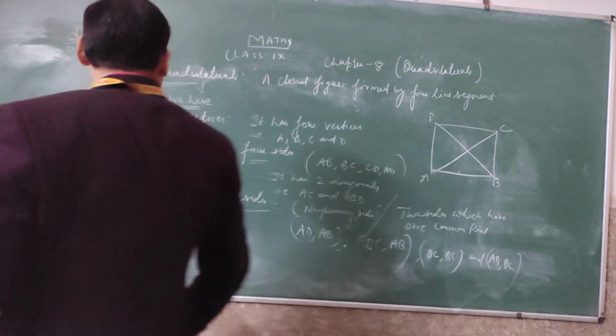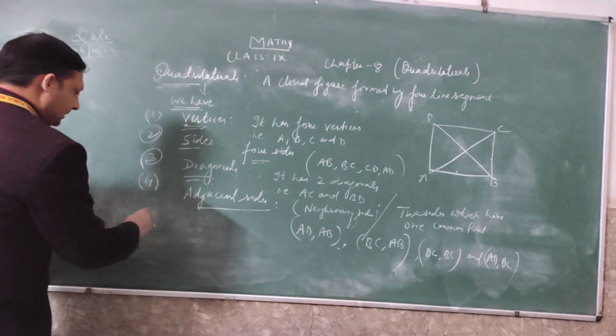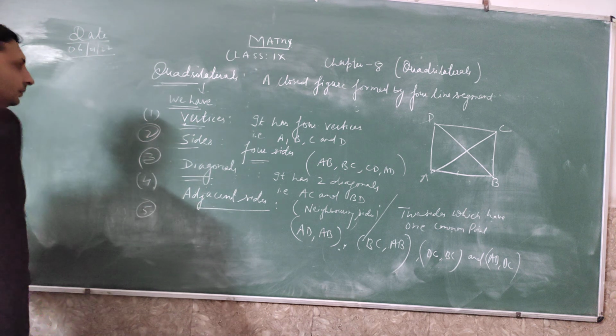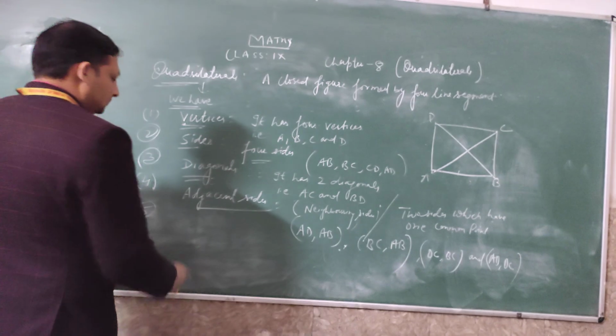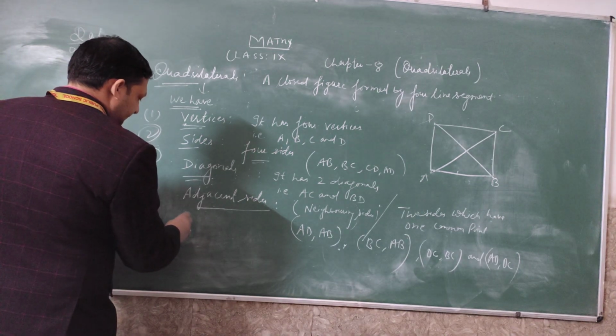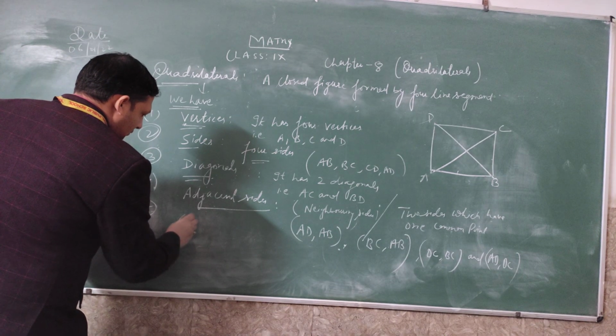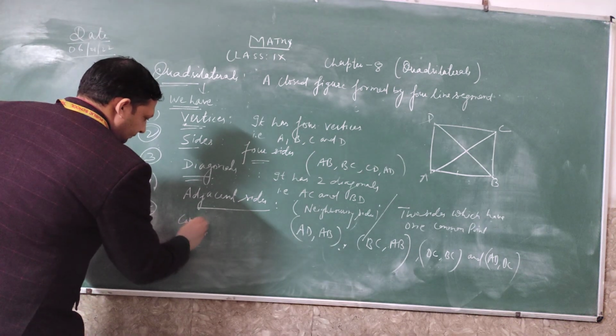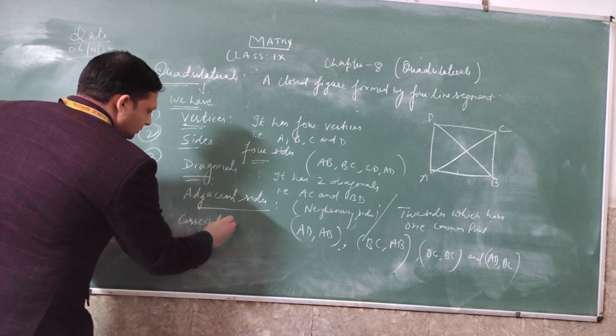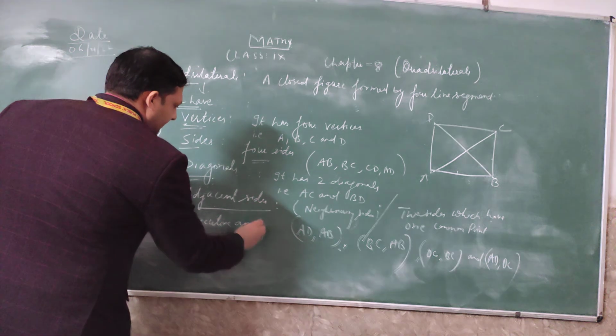Next, we will discuss point number 5 of quadrilateral, that is consecutive angles.